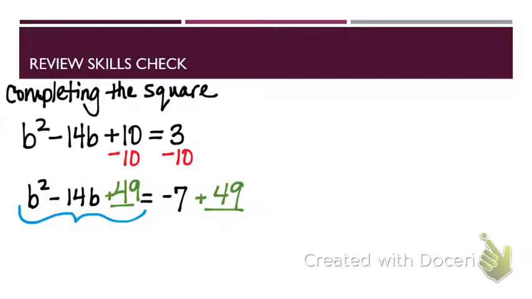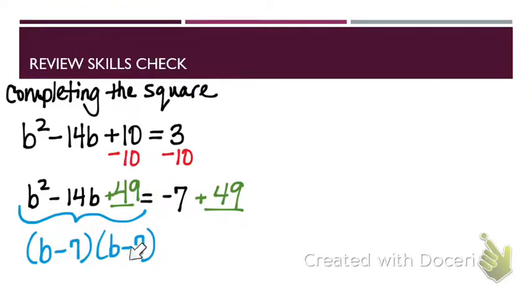It should be b minus 7 times b minus 7. And at this point, it's always going to factor down to b or x or whatever it is, and then whatever this number is divided by 2, because we purposely picked a number so that it would factor down to that.